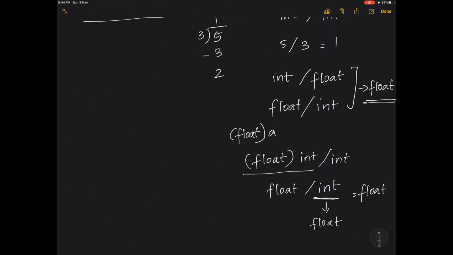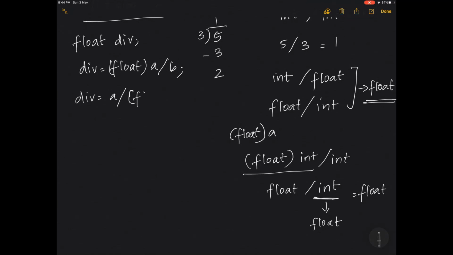So division or the quotient will always be float. So if I do float division, I am going to write division is equal to float of a by b. You can put the bracket data type either on the numerator or on the denominator. It will work either way. You can write it this way or you can write it as a by float of b.